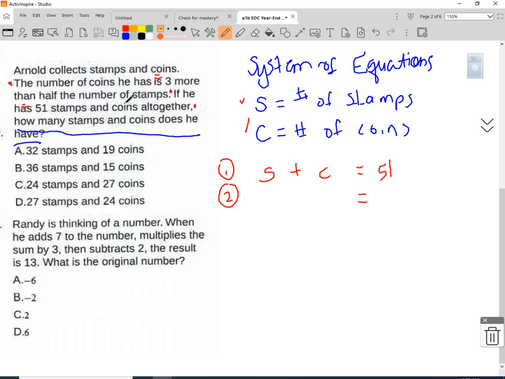The number of coins he has is, so what are we using for the number of coins? C, right? So this says C is, so actually I don't want to write it that way. I'm going to write C equals. That sentence says C equals.